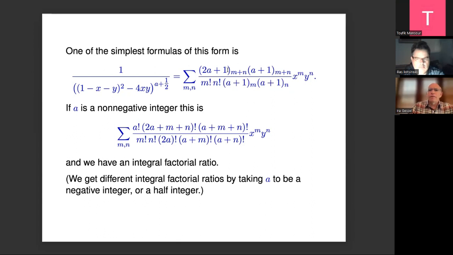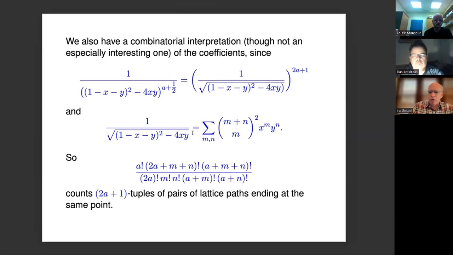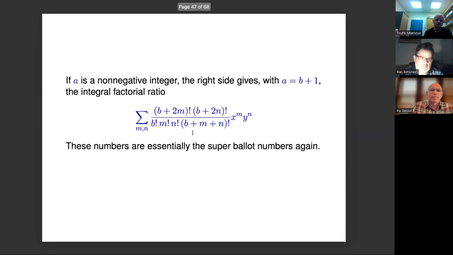And then from this term, you'll get 2a plus 2, and you'll get 2a plus 4, and so on. And they'll cancel with some other factors down here. So we're guaranteed that all of these linear polynomials in A in the denominator all cancel. Okay, so we get an integer factorial ratio.